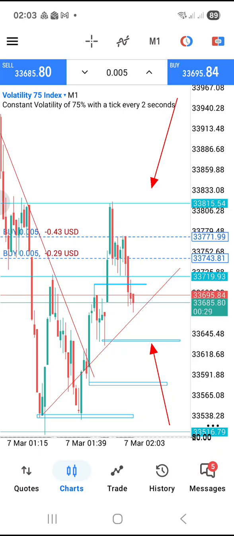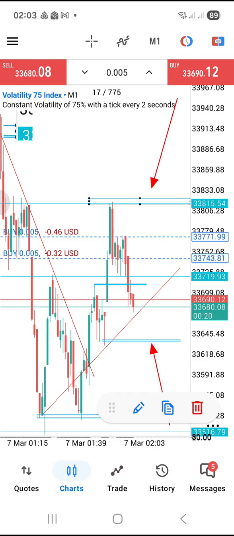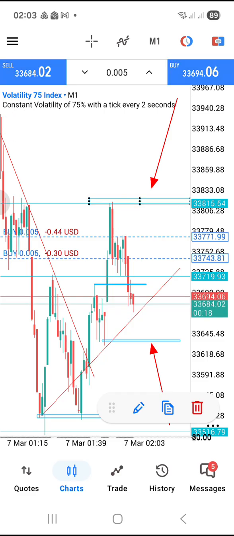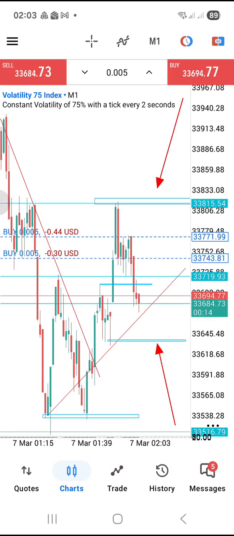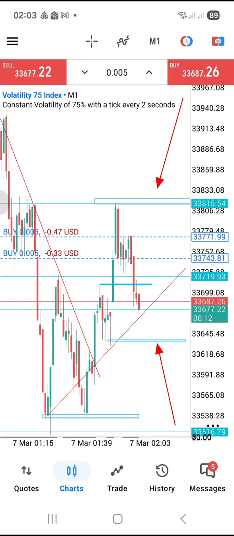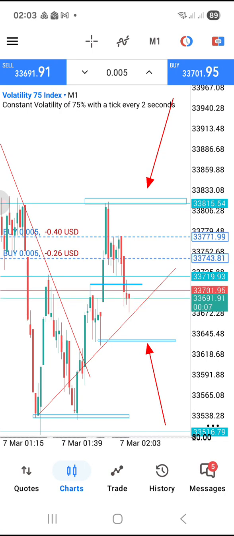If we get a second, let's use this box. If we get another major pullback here, it means the pull-up is over. It's ready to drop. Another way we can know that is if this trend line gets broken.